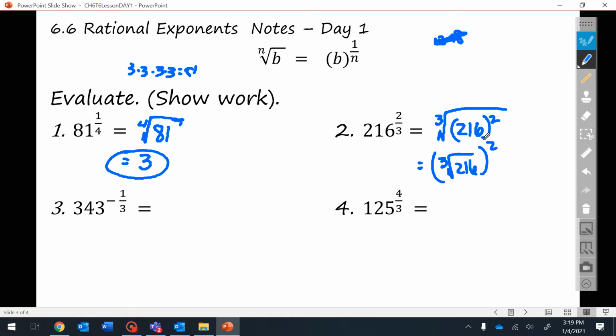This is actually easier to work with, because even though I had something like 46,000 before, the cubed root of 216 is easy, because it's just 6 times 6 times 6. So the cubed root of 216 is 6, and 6 squared is 36. So this simplifies to 36. It becomes easier to write it like this than like this. Both of them are valid though.